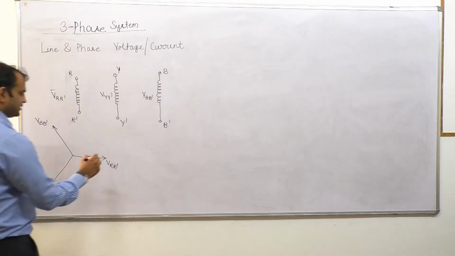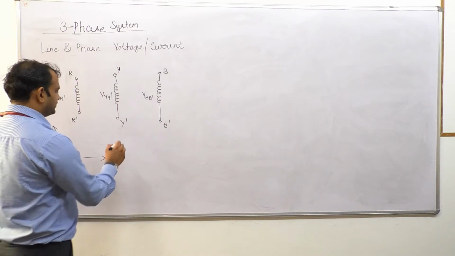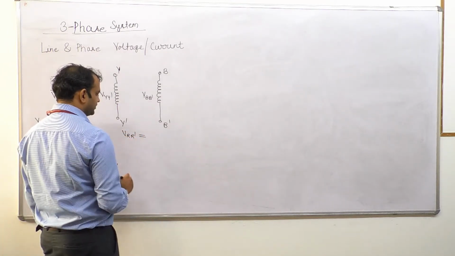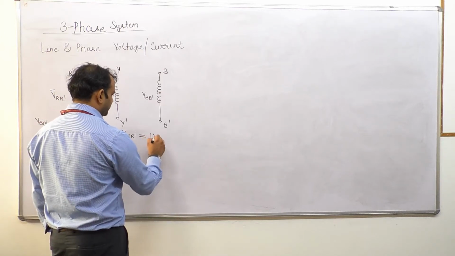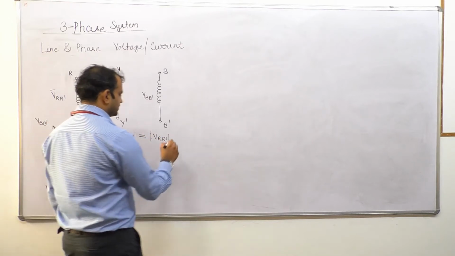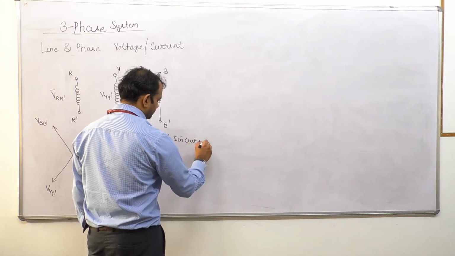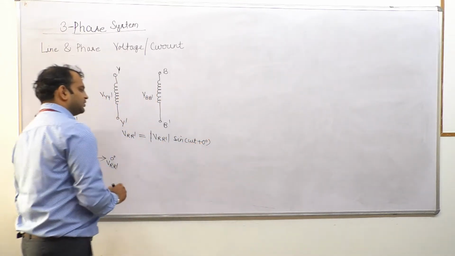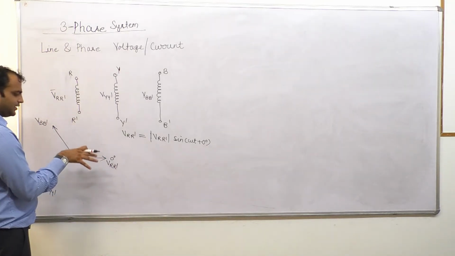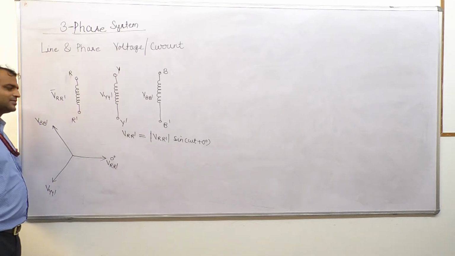If this is our 0 degree and reference voltage, we can write V R R dash equal to magnitude of V R R dash sine omega t plus 0 degree, because the phase displacement between this phase and the reference point is 0 degree.